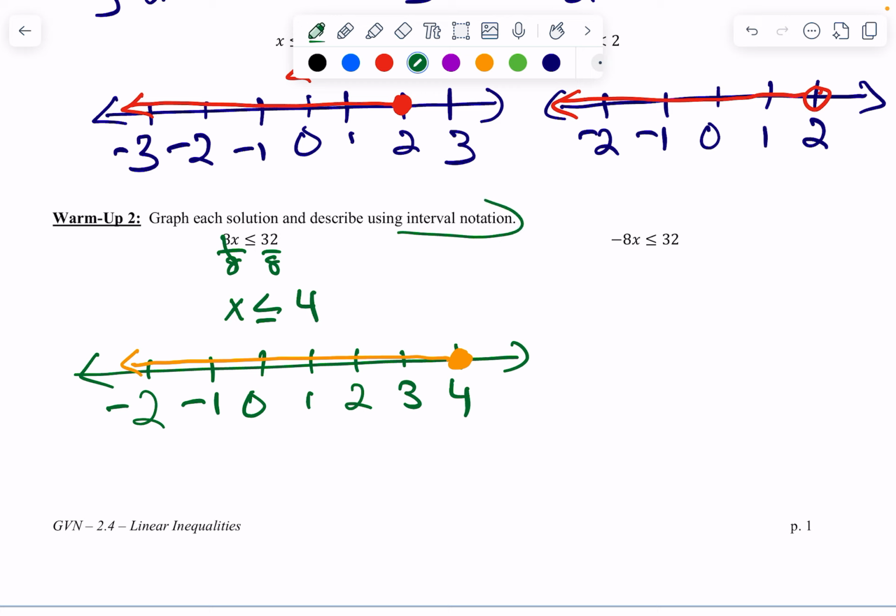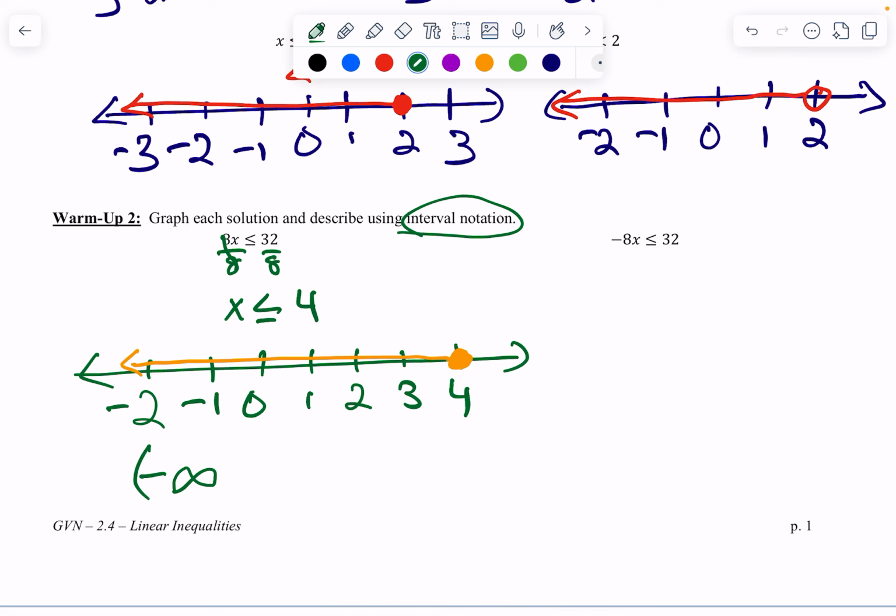Now, it says to describe using interval notation. What that means is that we're going to write a shorter version, or another way, instead of x is less than or equal to 4. So our interval notation for this one would be, so it keeps going and going to the left. So we are going to start from negative infinity. And that is going to be marked with parentheses.